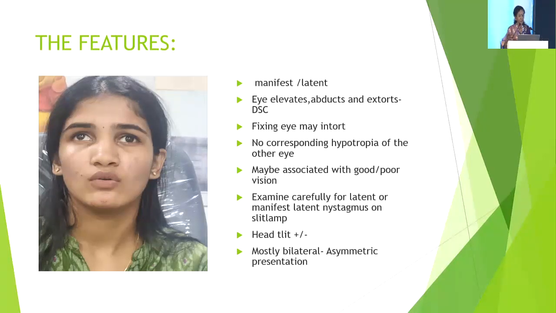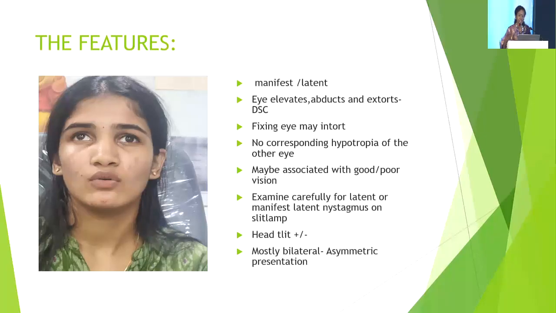So what are the clinical features? It could be manifest or latent. It's a complex. The eye elevates, abducts, and extorts. And you have to look for the intorsion sometimes in the fixing eye. There's no corresponding hypertropia of the fellow eye, which means it doesn't obey Hering's law. The eye with DVD can be associated with either good or poor vision.